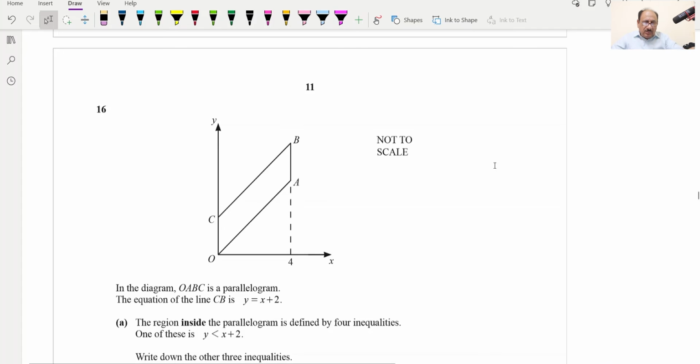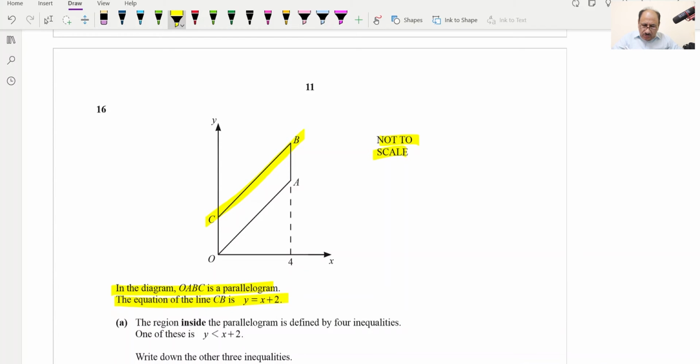Then question number 16. Question number 16, diagram is again not to scale, and they're saying in the diagram OBC is a parallelogram, and the equation of the line CB is y is equal to x plus 2. Keep in mind CB is this line.